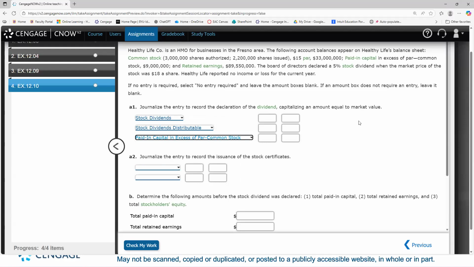Then we're going to use these amounts. Stock dividend distributable, 1,650,000. Paid in capital in excess of par, 330,000. And the two of them together added up will be the amount that I'm debiting to the stock dividend account. So what is that? 1,980,000.